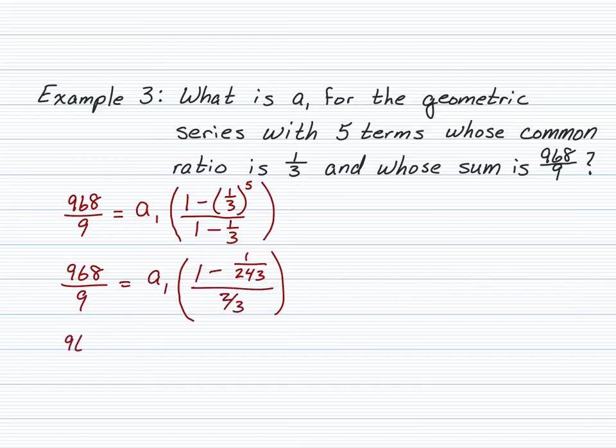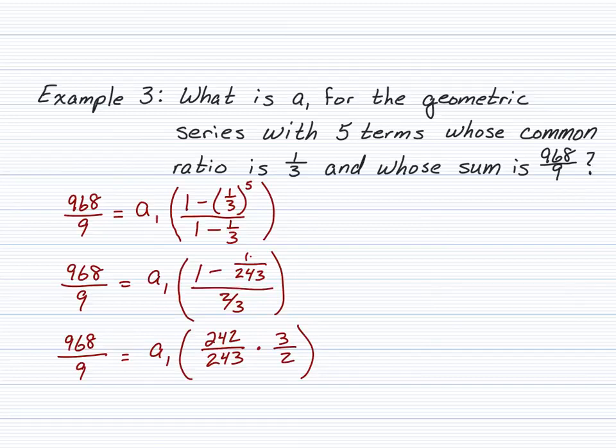All right, so we have 968 over 9 equals a sub 1. Now let's simplify this. You're going to have 243 over 243 minus 1 over 243, which will give us 242 over 243. Then we're dividing that by 2/3, which means multiply by 3/2.